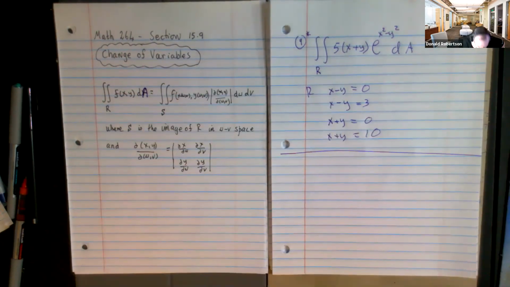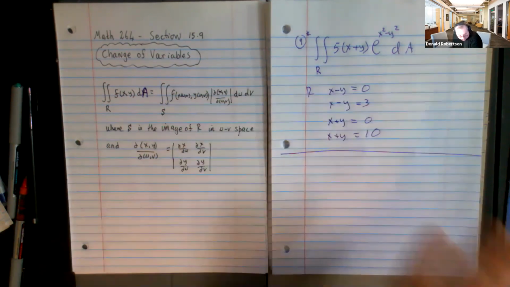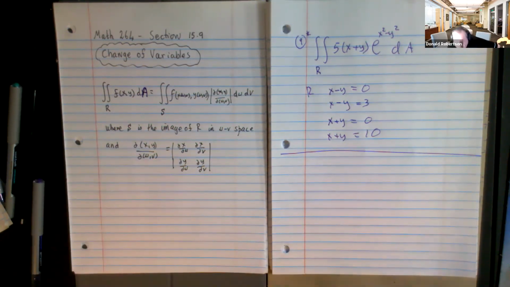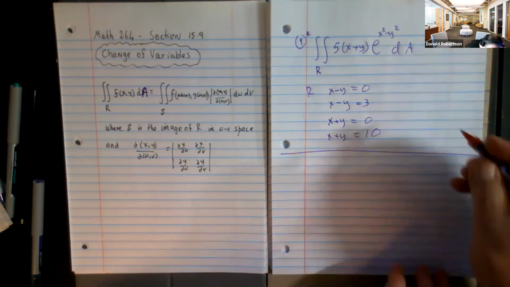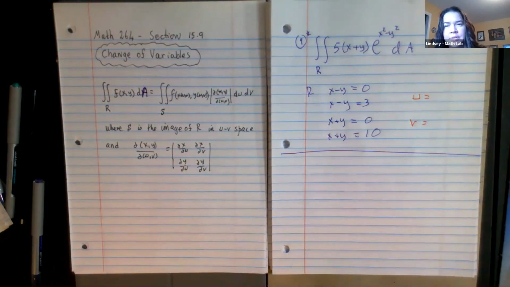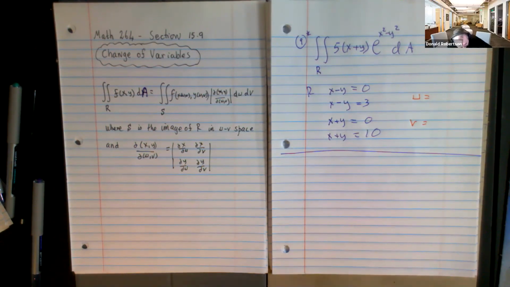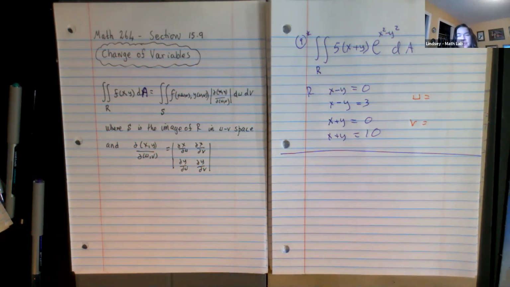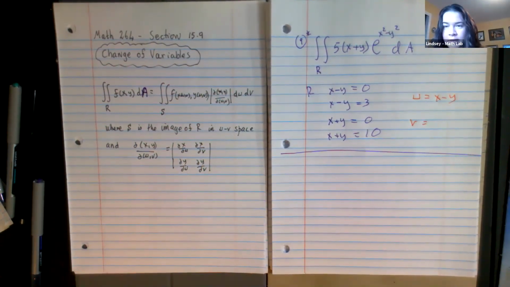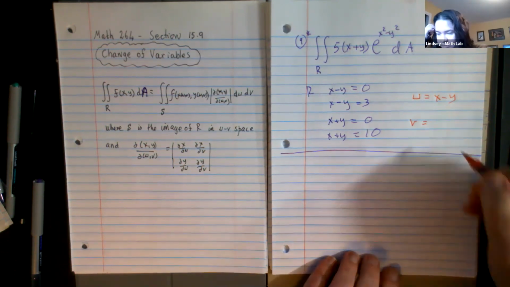Okay, tell me who you should pick for u and v here. So they both have 0 bounds. So is it just kind of up to us? Yeah. So who do you want u and who do you want v? X minus y for u. And v? X plus y for v.